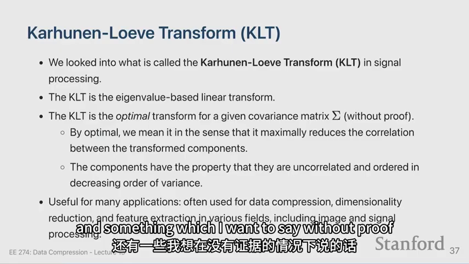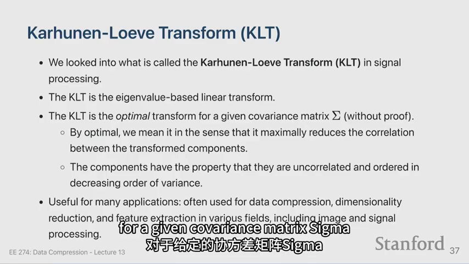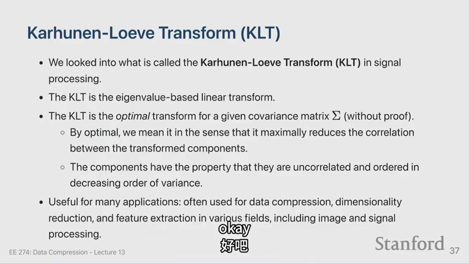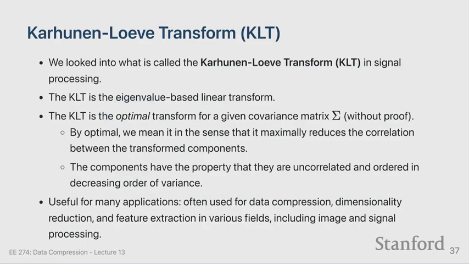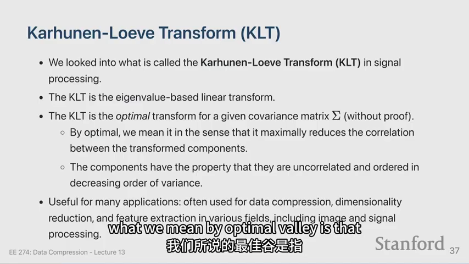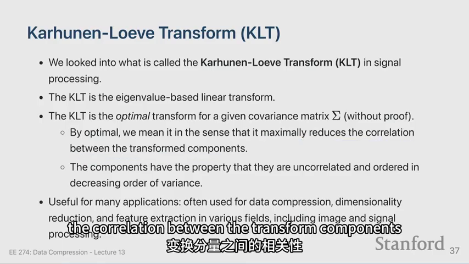Something which I want to say without proof is that the KLT is actually the optimal transform for a given covariance matrix sigma. I haven't really defined optimal, like in what sense. What we mean by optimal is that it maximally reduces the correlation between the transform components.